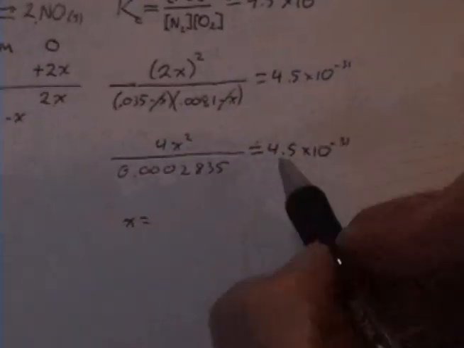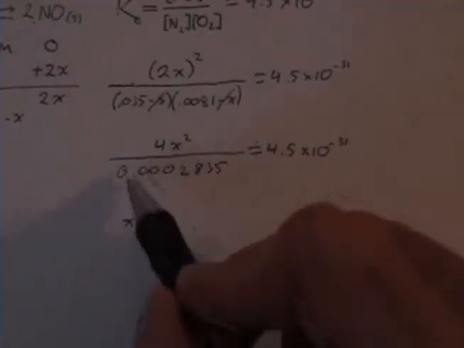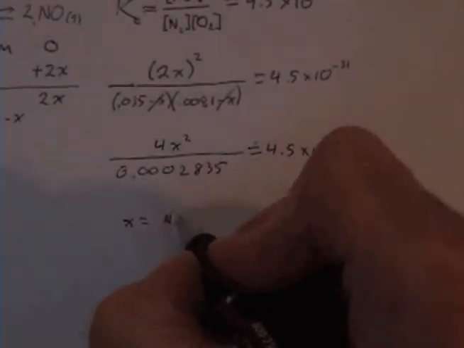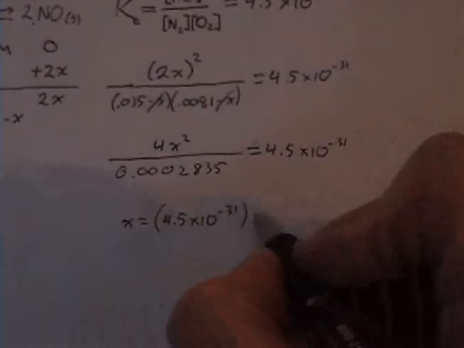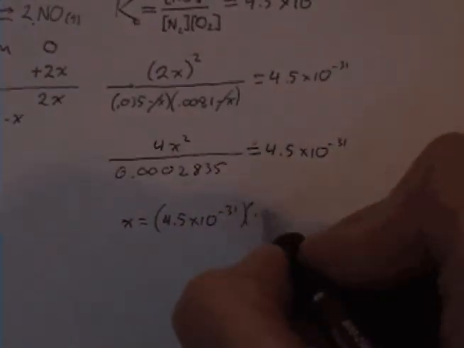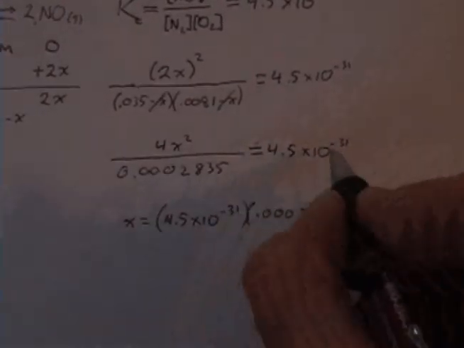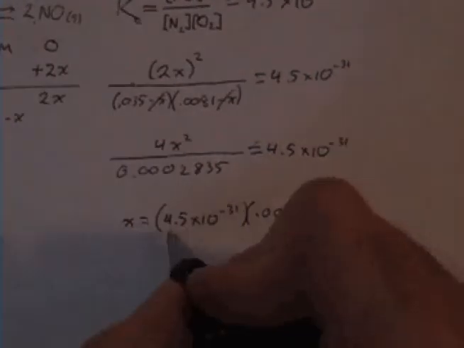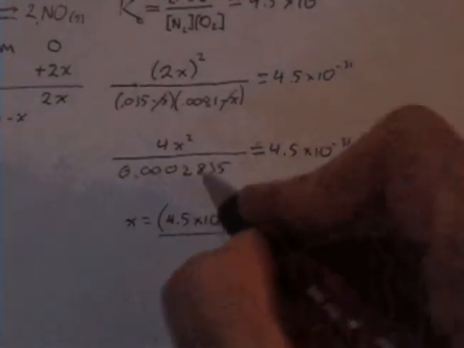Now I can solve this in a quite straightforward way. x is going to be equal to 4.5 times 10 to the negative 31st times this value, 2835, which clears that part out. Then I divide by 4 and take the square root.